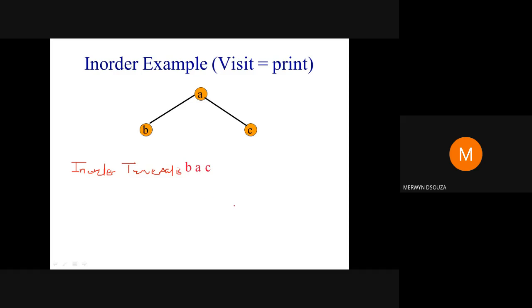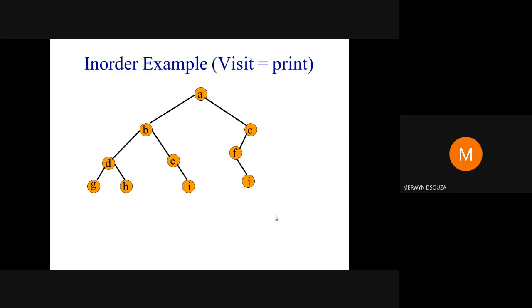Okay, so you need to write it down. Okay, try for this. You can try for this. Find the in-order traversal. Again, the steps will be left subtree, visit, and right subtree.